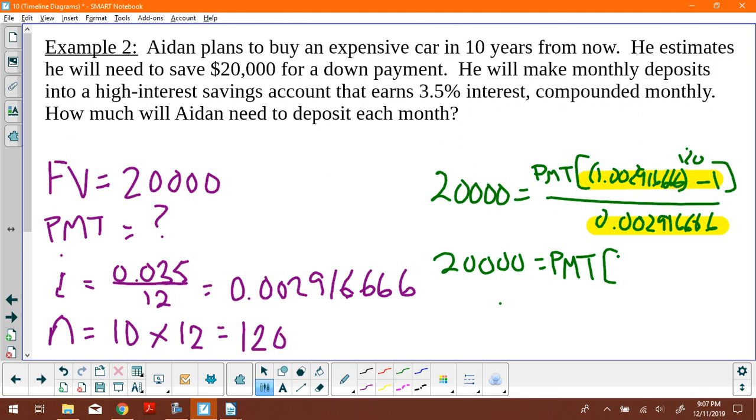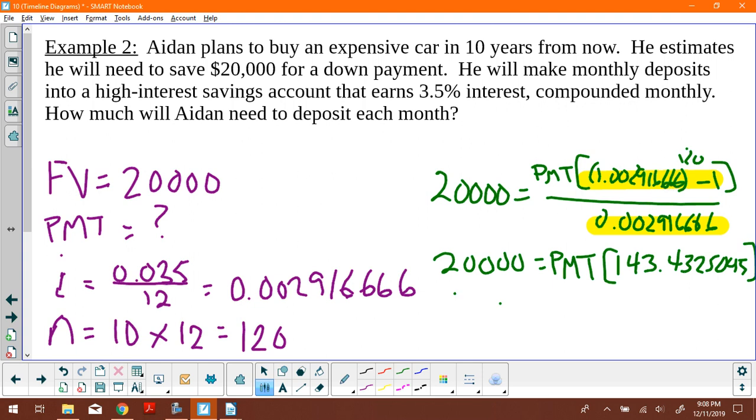I got 143.4325045. And then the last step would be to do 20,000 divided by that number.